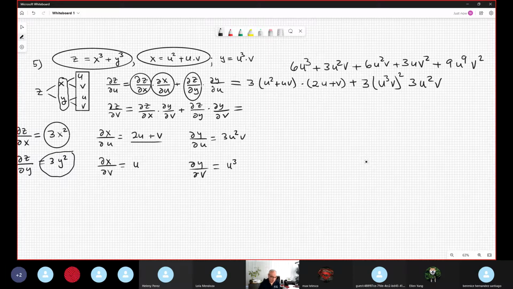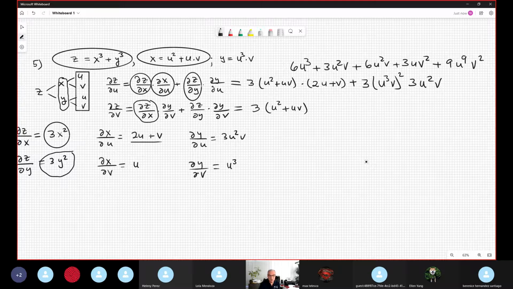And now the second. It's the same, it's just substitution and that's it. But let's do it. Partial z with respect to x. So that guy, I did that. It's 3 times u squared plus ub, no? But it's a square, no?